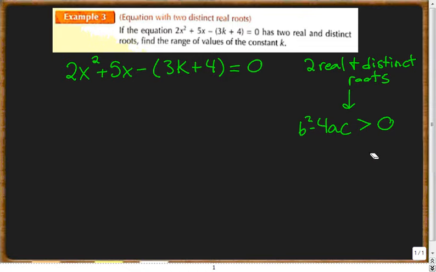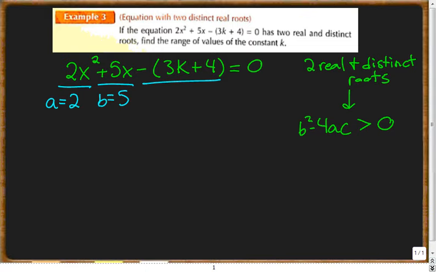Well, in order to figure out all the rest of the stuff, we need to know what a, b, and c are. A is the number that is attached to our squared term, so a is going to equal 2. Our b is the term that is attached to x. We only have one x term, so b is a positive 5. Now our c here is this remainder.